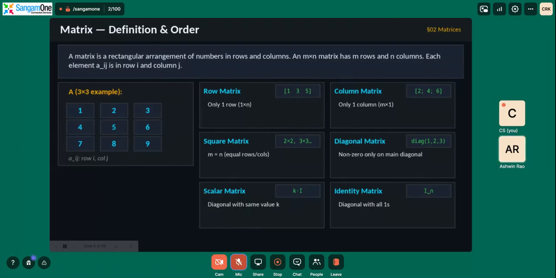The diagonal should contain the same elements, 1 1 1, not 1 5 9. An identity matrix is a diagonal matrix with all ones, and the others are 0. So the difference is that in a diagonal matrix the values can differ, but in a scalar matrix all diagonal entries are the same.